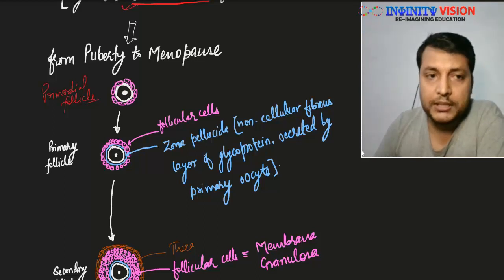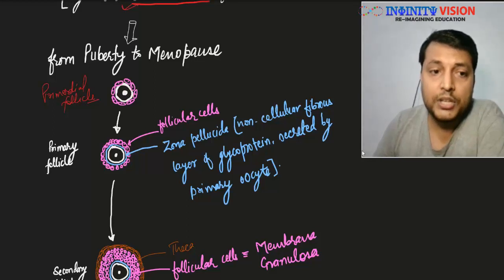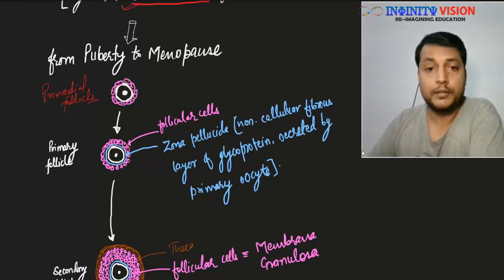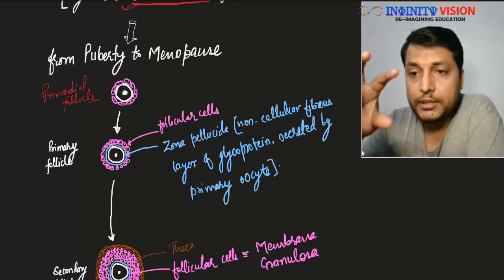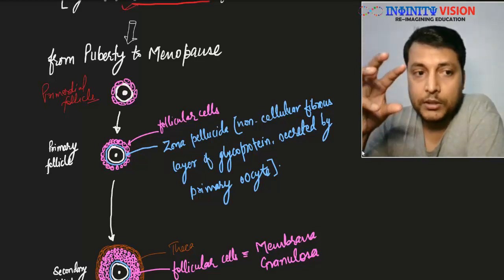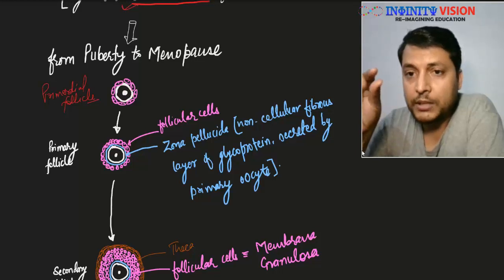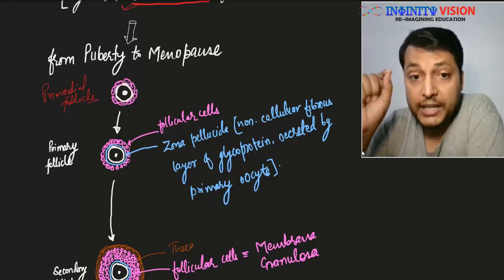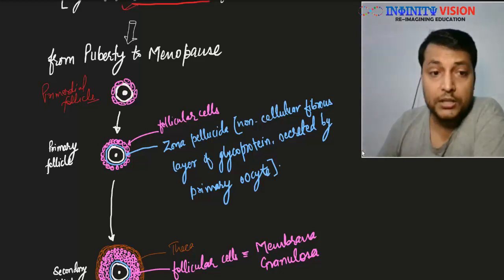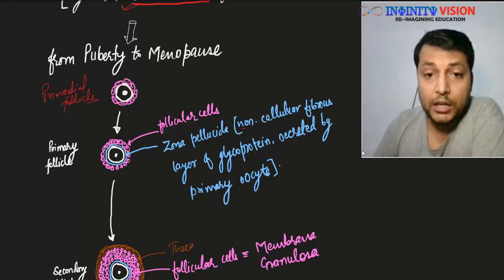grow, the first thing that will happen, the follicular cells arrange outside the primary oocyte. So these follicular cells arrange, the follicular layer is going to be two or more layers. At the same time the primary oocyte is going to secrete a non-cellular fibrous layer of glycoprotein.